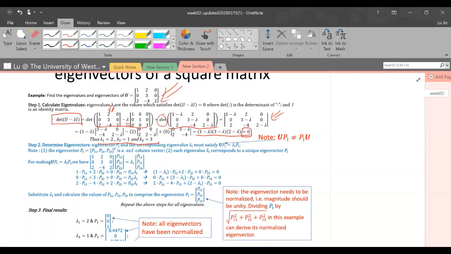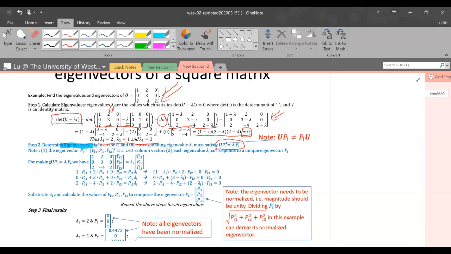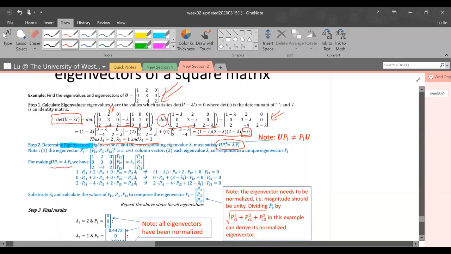So once you determine the eigenvalue, how to use the eigenvalue to determine the eigenvector here? Okay, we are going to use the relationship given here. U square matrix multiplied by one eigenvector is equal to the corresponding eigenvalue multiplied by the same eigenvector. So let's see the example here. We are using this relationship, using the U matrix multiplied by this so-called unknown eigenvector, equal to the corresponding eigenvalue multiplied by the same eigenvector.